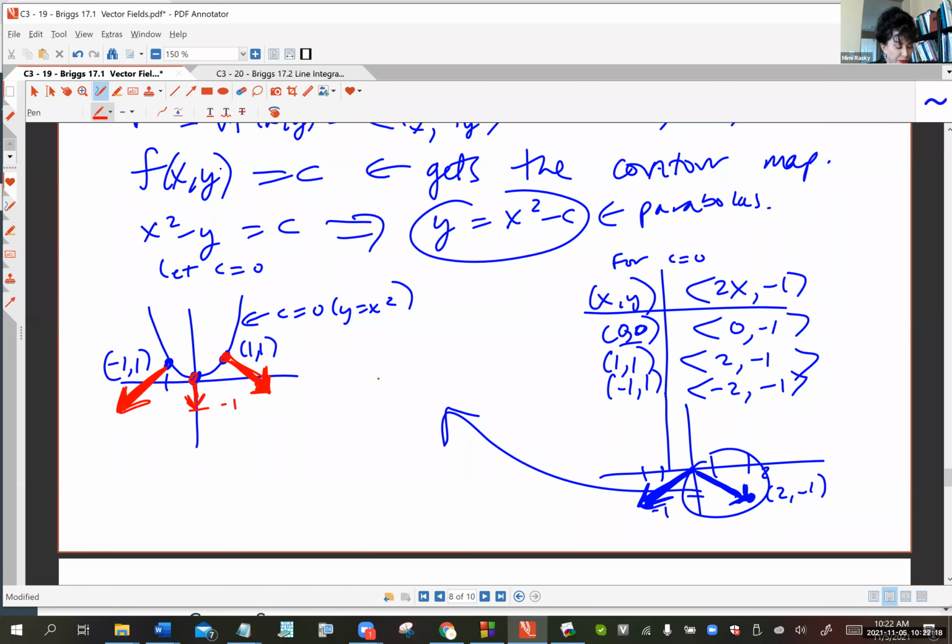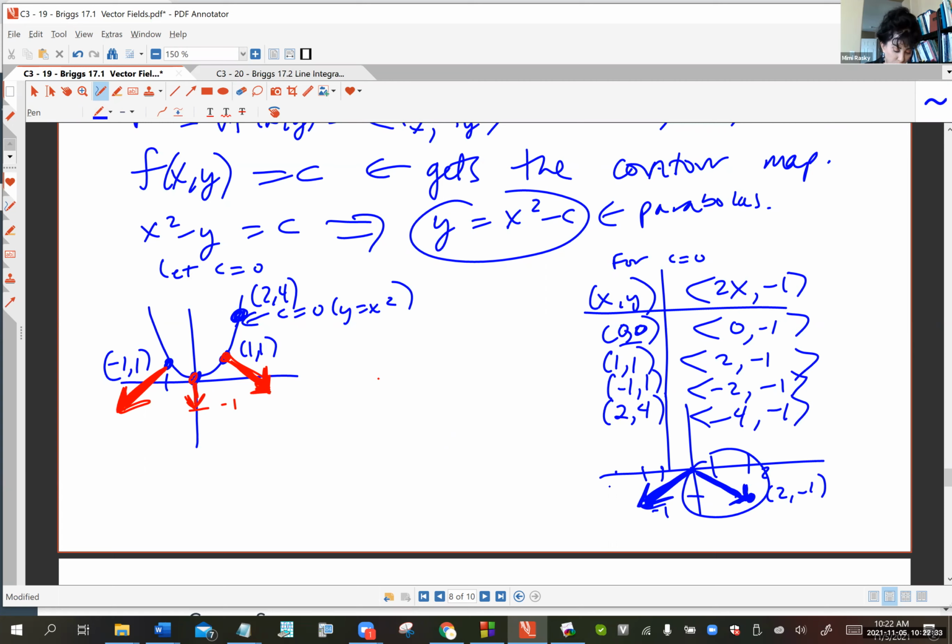I can pick one more point off this parabola. It looks like the further away you get from the origin, the larger the vectors become. If I pick this point over here, (2, 4), on the parabola, negative 2x would be negative 4, negative 1.